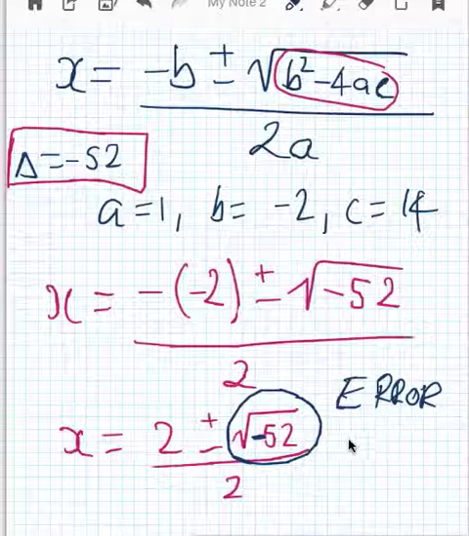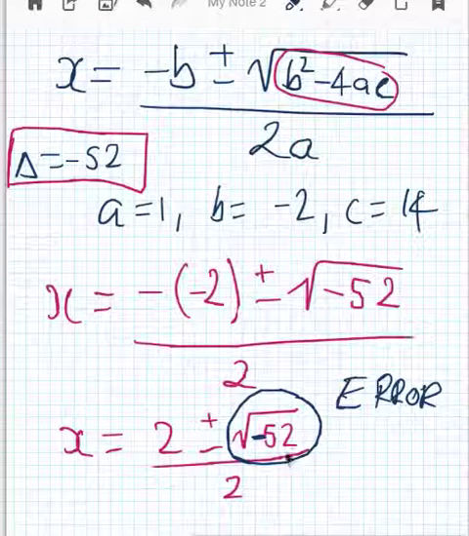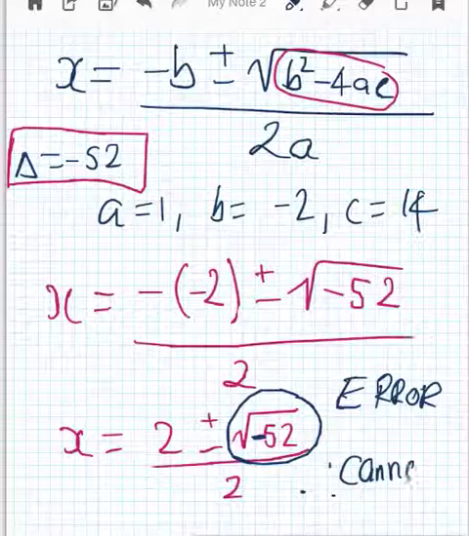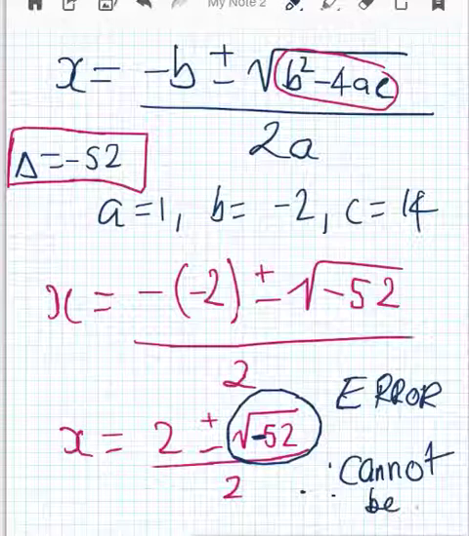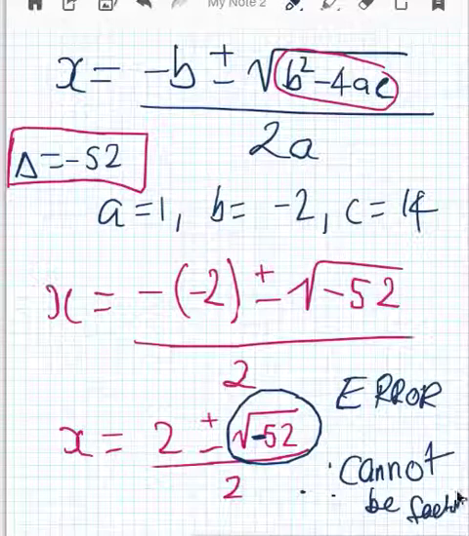That is because it's impossible to have a negative value under a square root. Whenever you try to use the quadratic formula to factorize and you end up with a negative under your square root, you've either made a mistake or you can simply state there are no solutions or it cannot be factorized. And that's it. You cannot continue because this gives you an error. It doesn't give you a value.